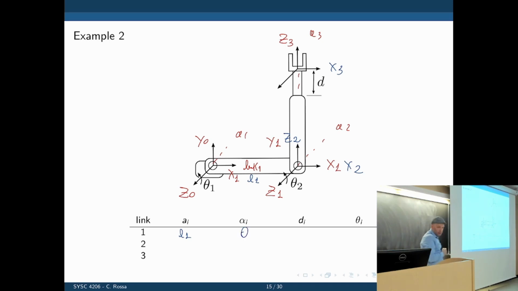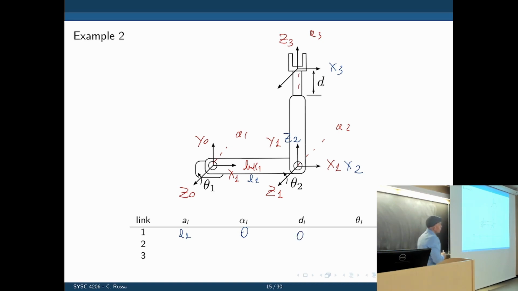What is d_i? d represents the translation of the x-axis with respect to z. The x-axis would be coming out of the plane. Did that occur? No. All right, still 0.